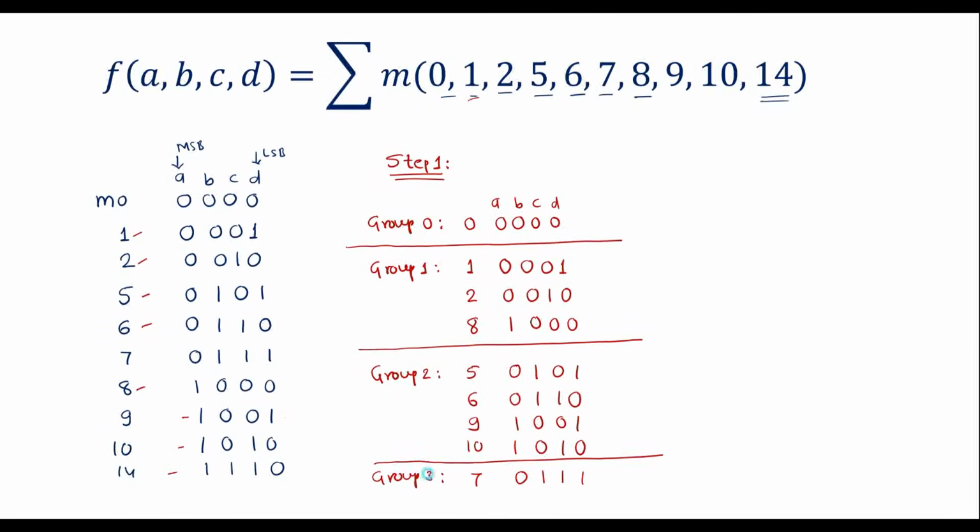Then we have 14: 1, 1, 1, 0. Thus we have considered all the minterms given in the function, divided into different groups. So this is the first step. I will call this column 1.